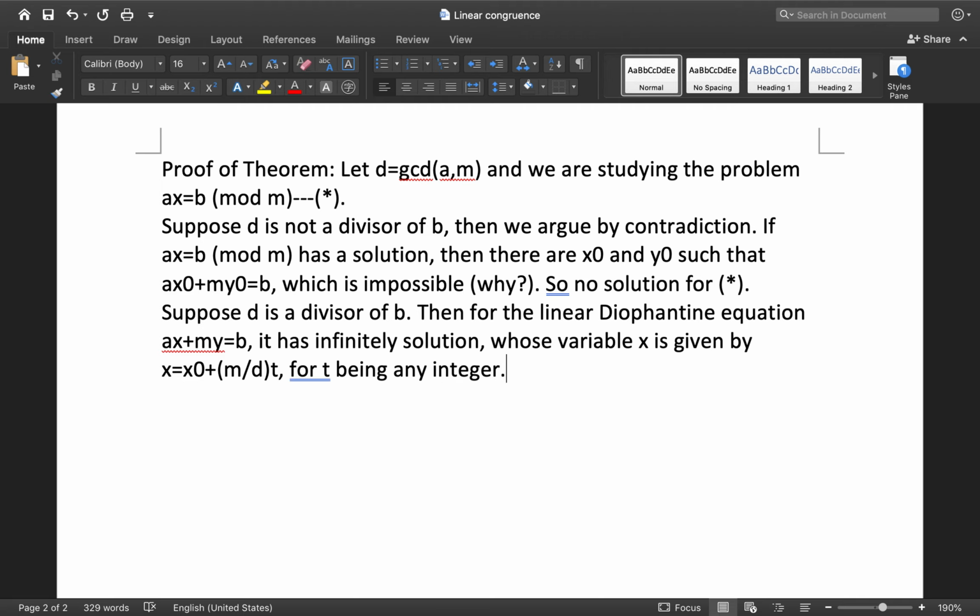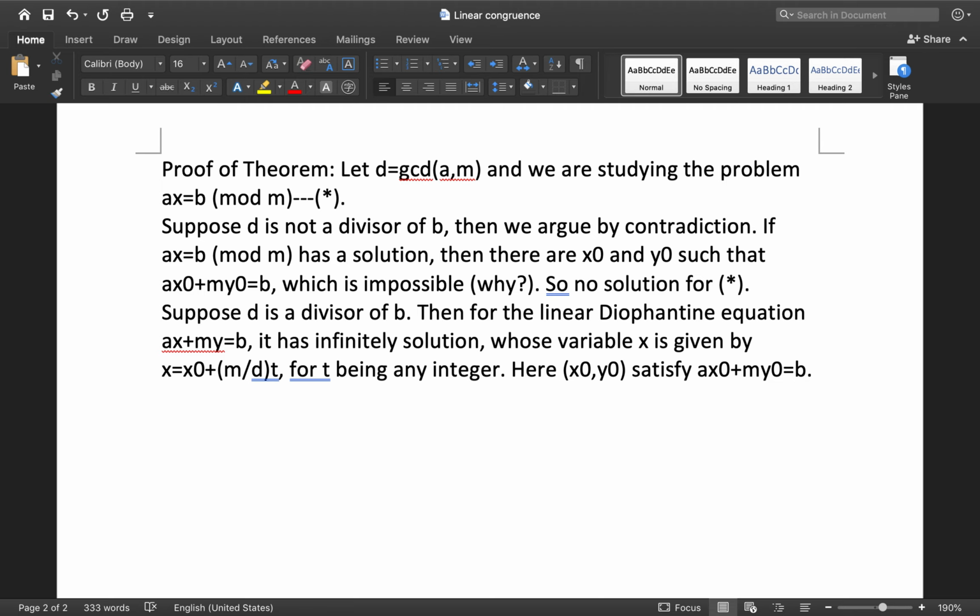Now what is x0 here? We have two, x0 and y0, which satisfy ax0 plus my0 equals b. That x0, y0 is just a solution of the linear Diophantine equation, and since it has infinitely many solutions, it must have at least one. How can you get it? You can use the Euclidean algorithm to get one solution x0, y0.